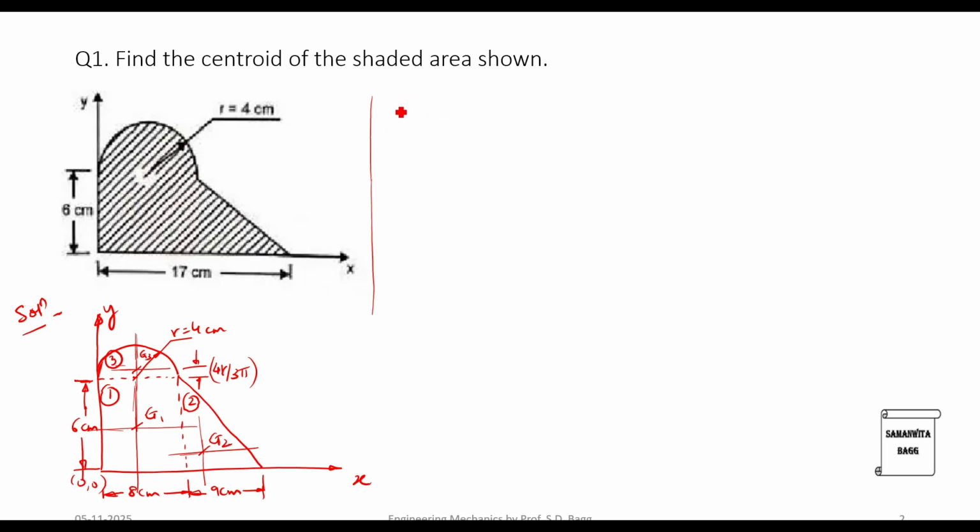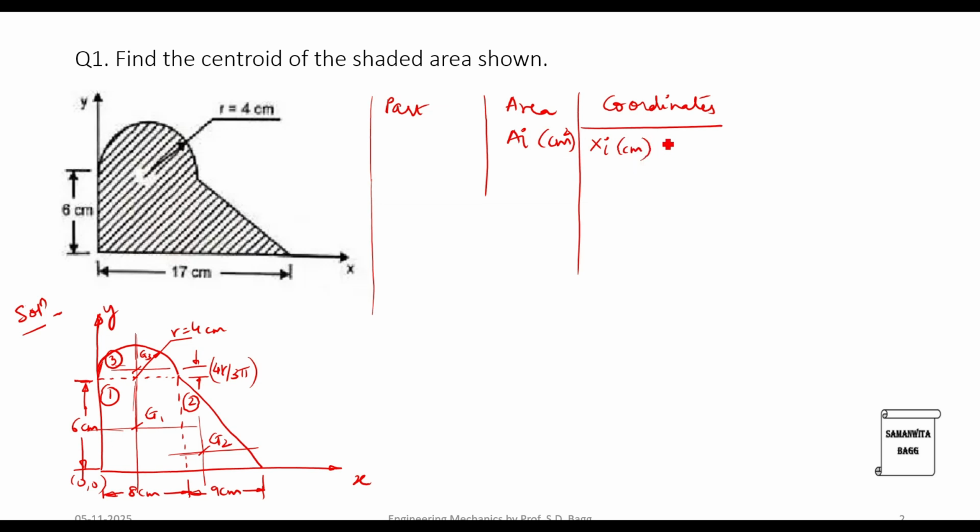So the first thing that we are going to label is the part. Then comes the area of the part. This will be in terms of Ai in centimeter square. Then you have the coordinates, in terms of xi in centimeter and yi also in centimeter.